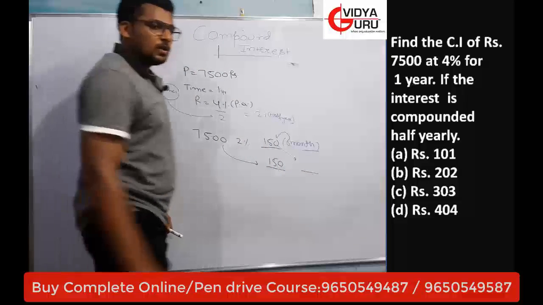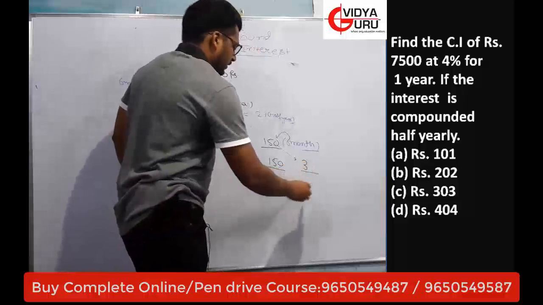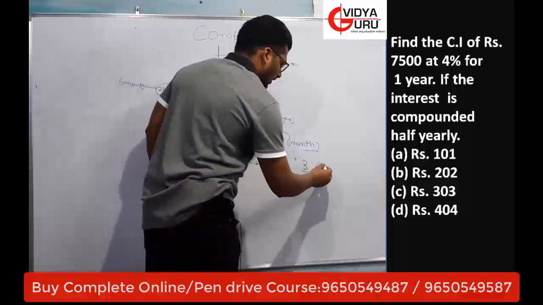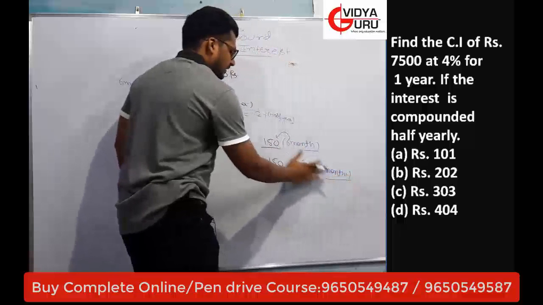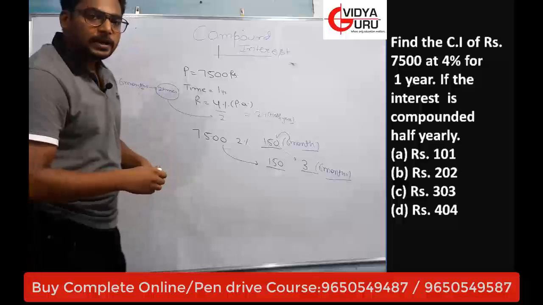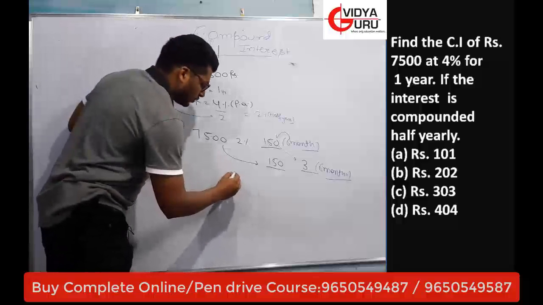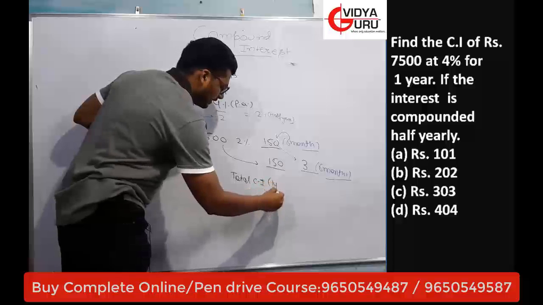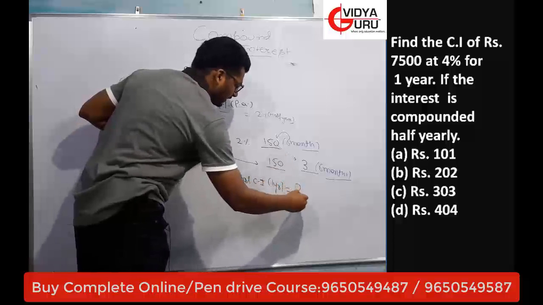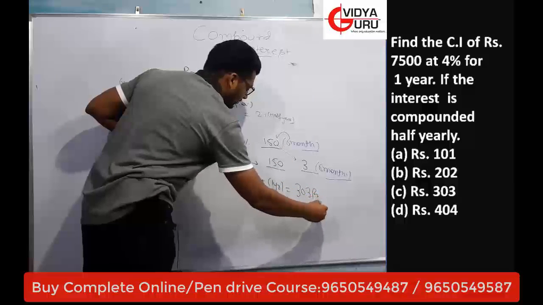Its 2% will be 3, and it will be the interest for another 6 months. So now I have received interest for 1 year. So total CI for 1 year, if interest is calculated half yearly, is 303 rupees.